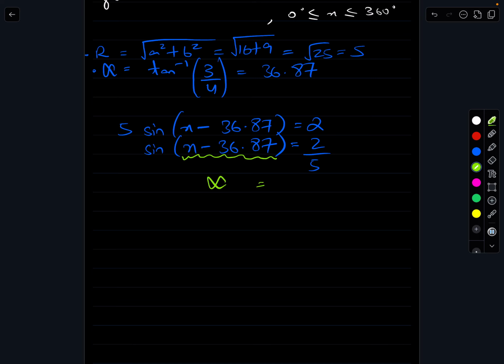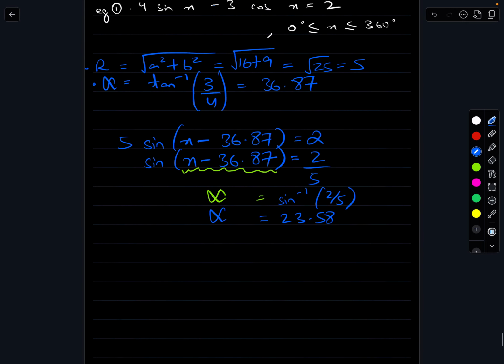So alpha is equal to sine inverse of 2 over 5, and alpha is going to be 23.58. But before finding alpha, always remember to alter the range.